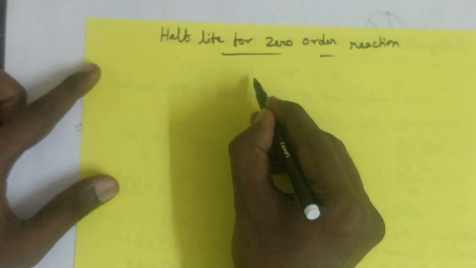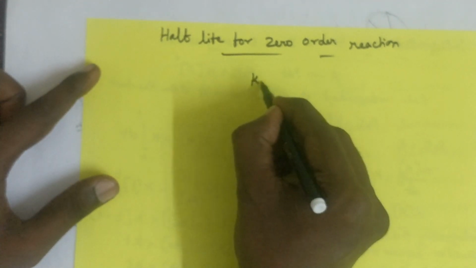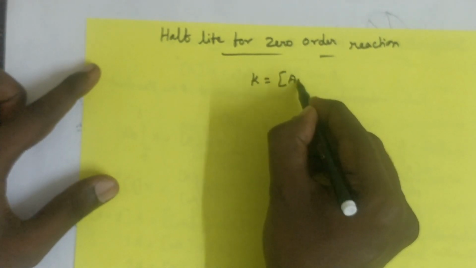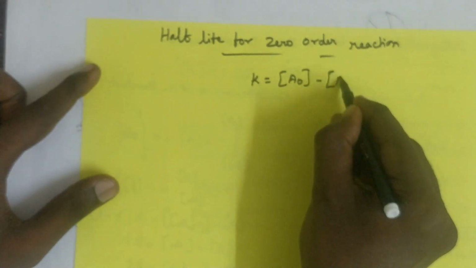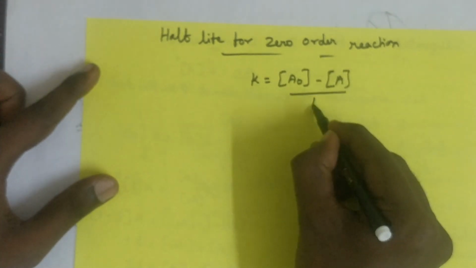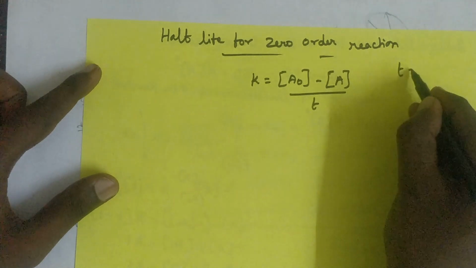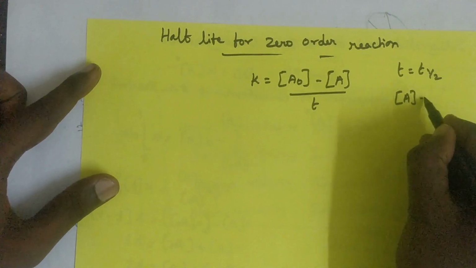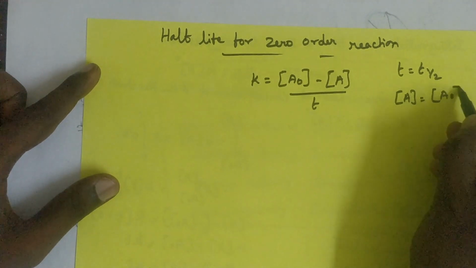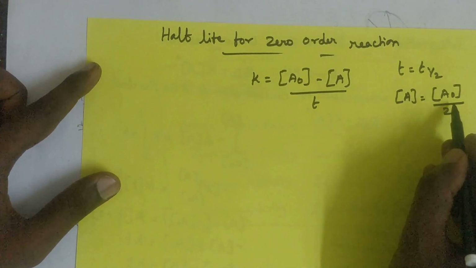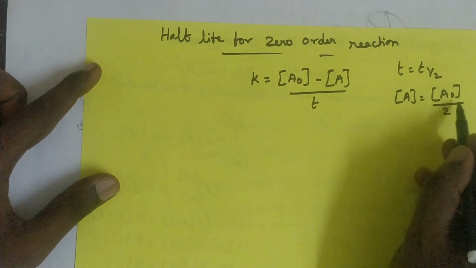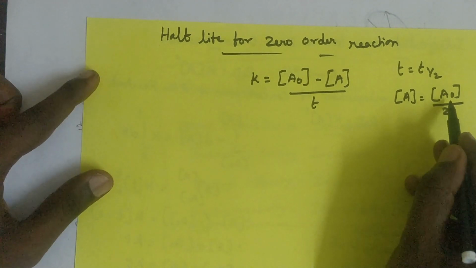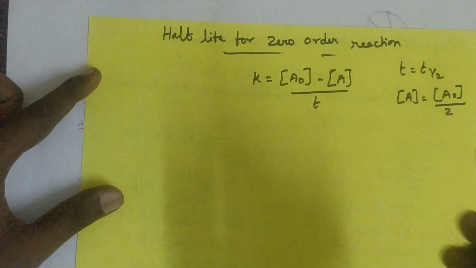Here, the rate constant for a zero order reaction is k equal to A naught minus A by t. In case of half-life, t will be taken as t half, and the concentration of A will be taken as A naught by 2. That means the concentration of the reactant falls to 1/2 of its initial value, so A naught by 2.